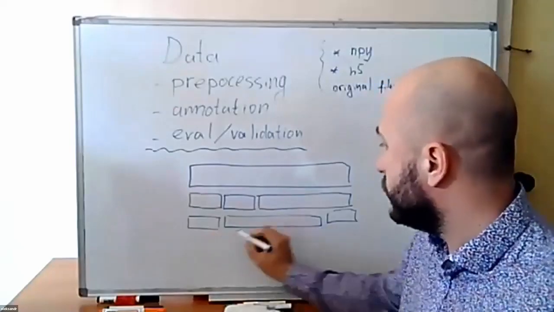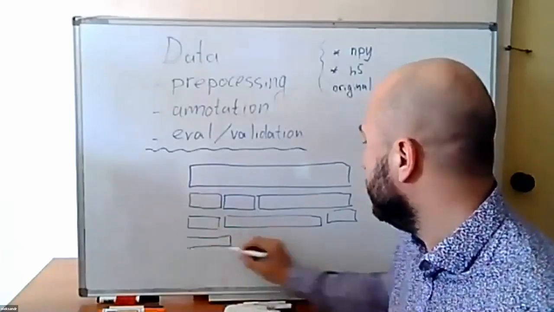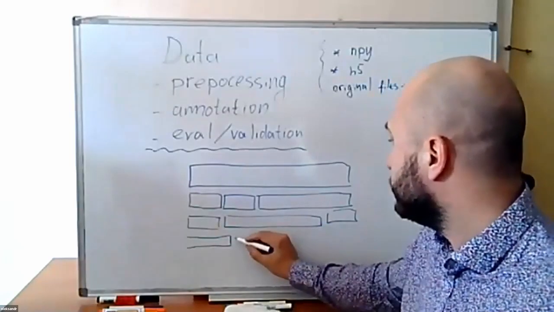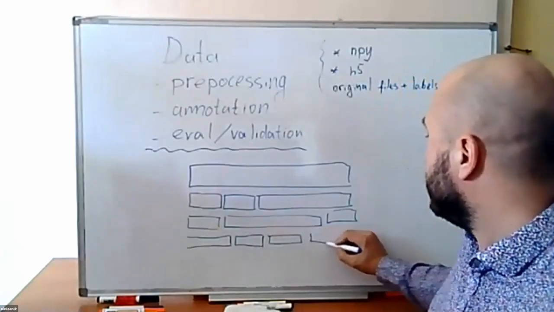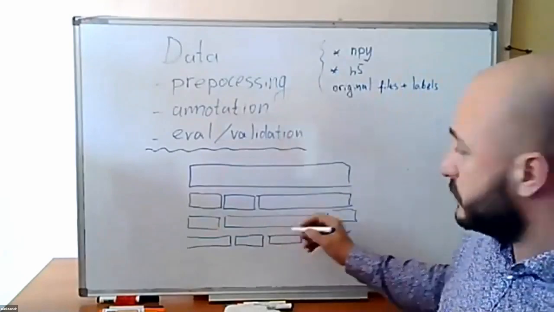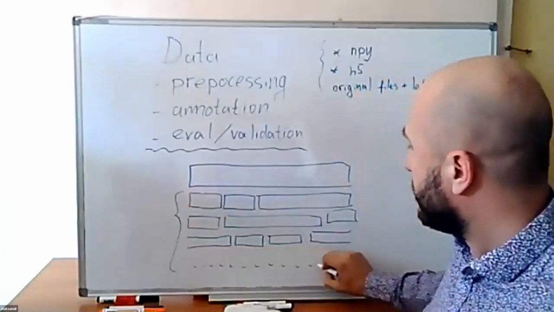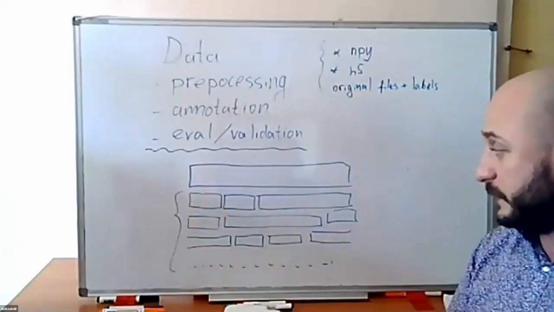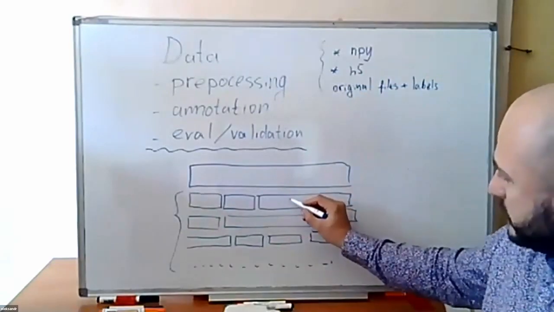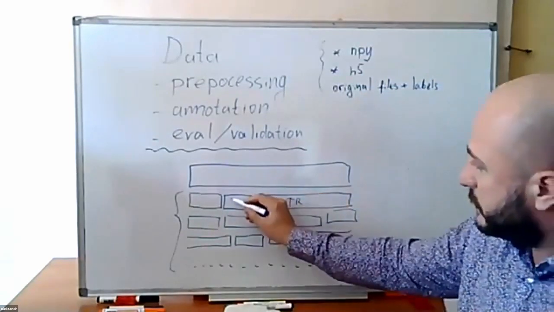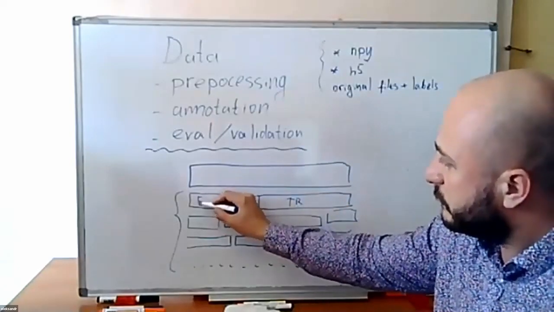Maybe this part is going to be from here to here, and so on. So we can use many different splits, each with a training, testing, and evaluation set, right?